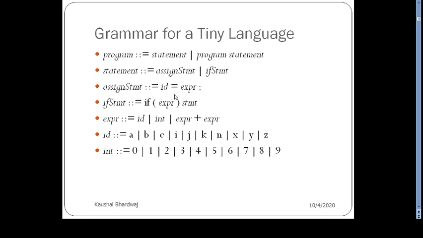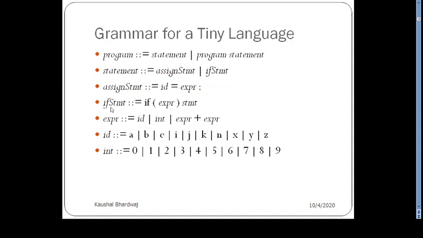terminal. Here what we will see, ID is equal to expression, semicolon, right? Equal to sign, semicolon sign, if or plus symbol, all these things are terminals which are not going to be replaced by anything. However, expression, statement, ID, int, these are going to be replaced.